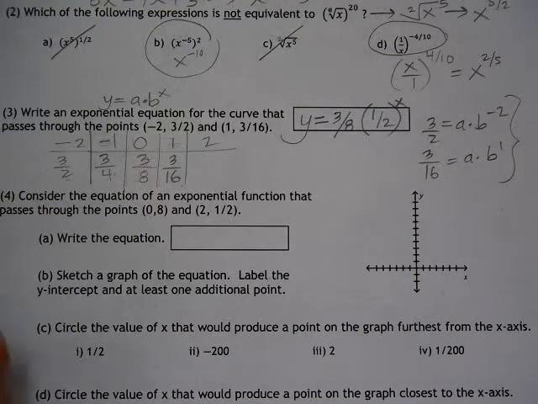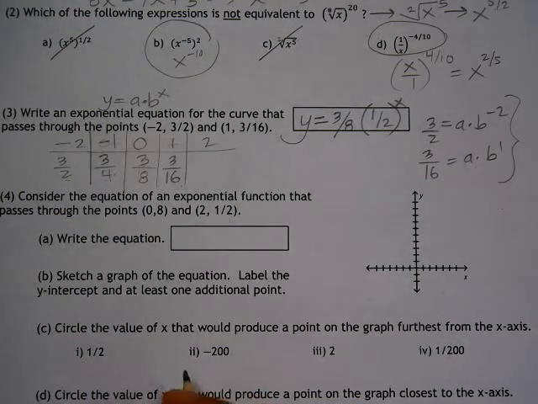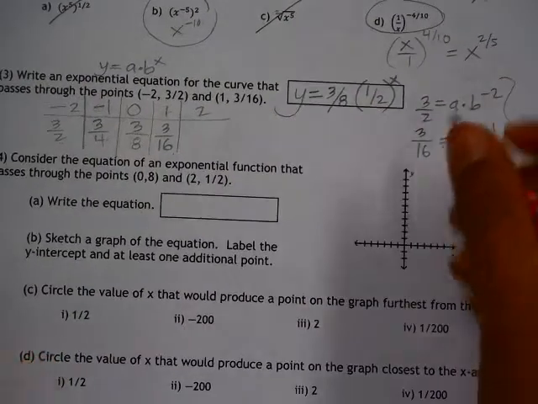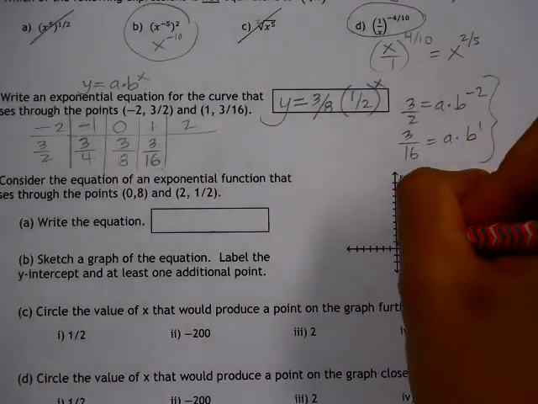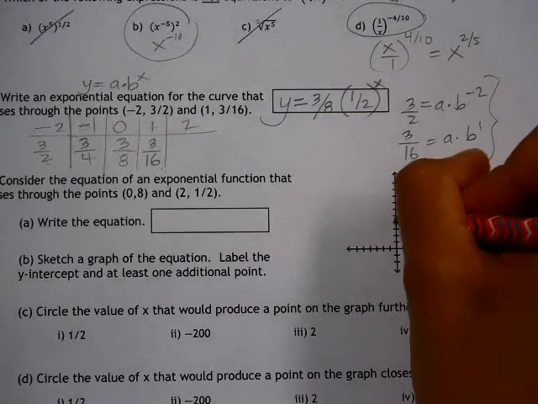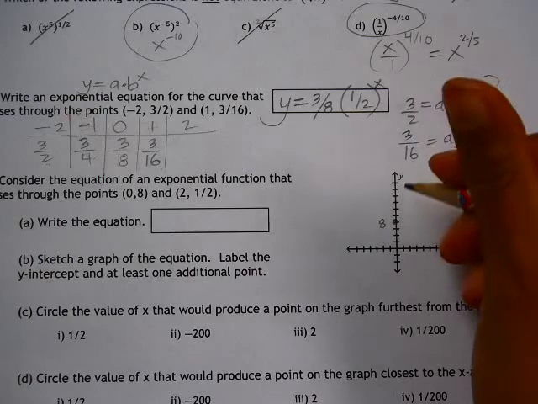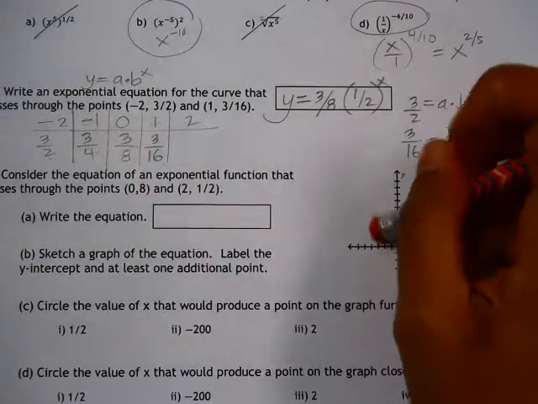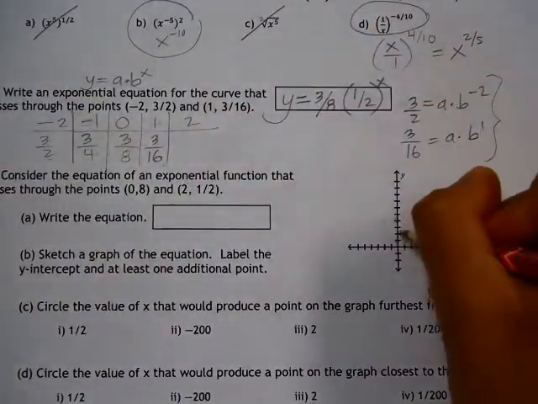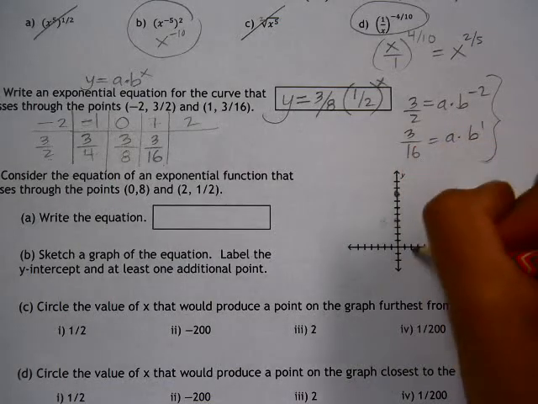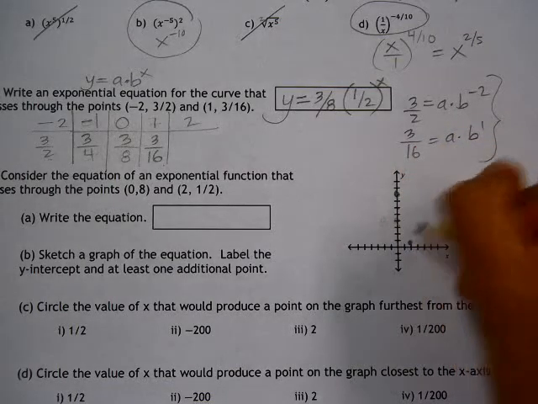On number 4, we're considering the equation that passes through these 2 points. So 0, 8, and I'll just scale by 2s, 2, 4, 6, 8, and 2, 1/2. Actually, we'll just scale by 1s. 1, 2, 3, 4, 5, 6, 7, 8, and then +2, 1/2.